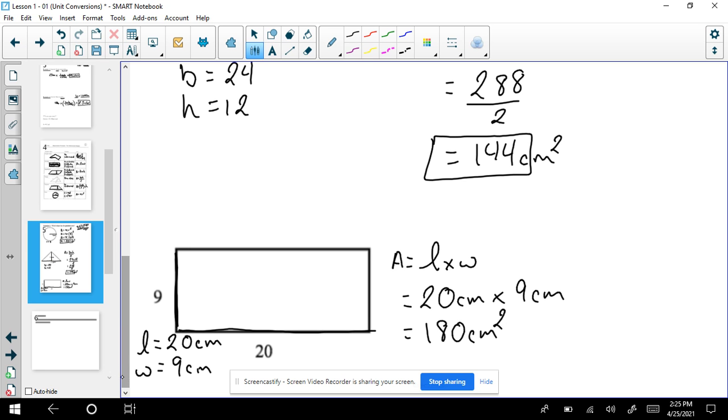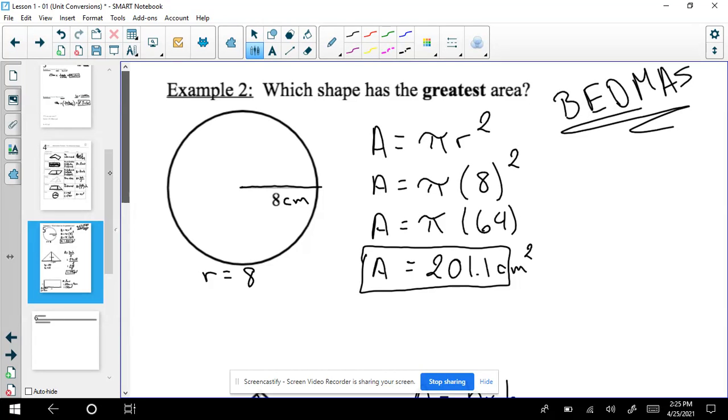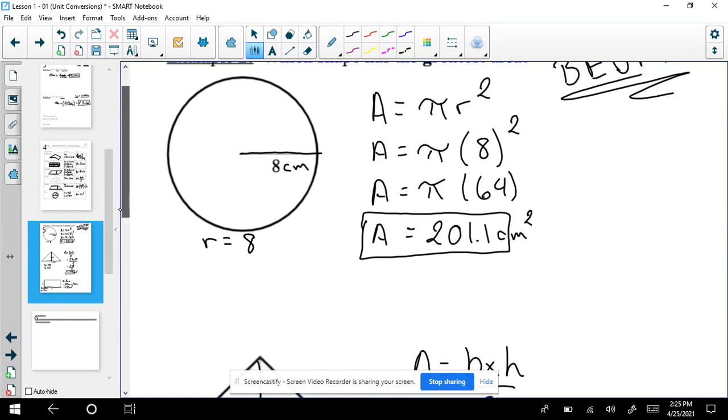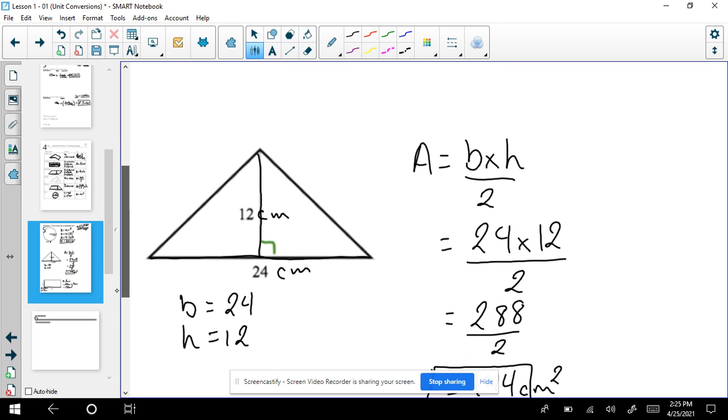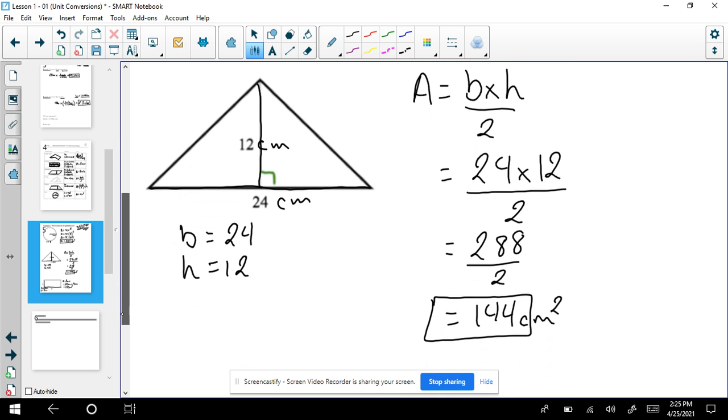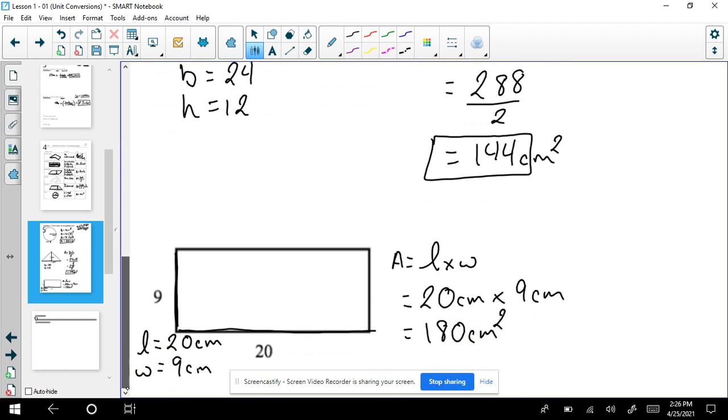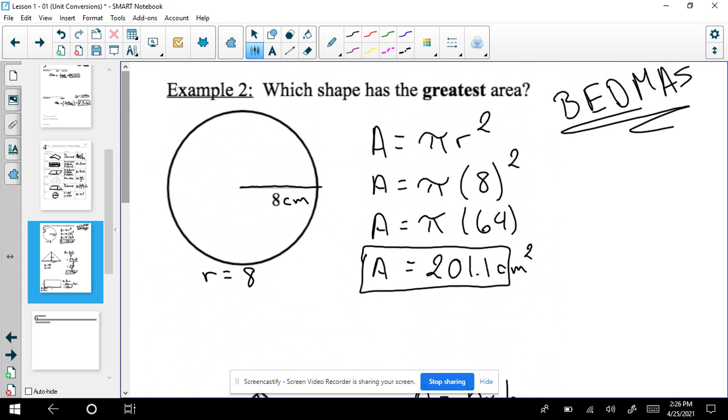And so then the question had actually asked, which shape has the greatest area? So the circle has 201.1 centimeters squared for an area. The triangle has 144 centimeters squared, and the rectangle has 180 centimeters squared. So up here, we can see that this one actually has the greatest area. So I would do my therefore statement.